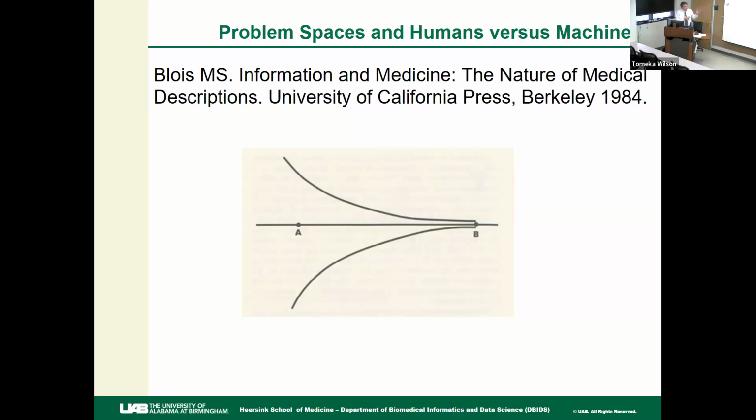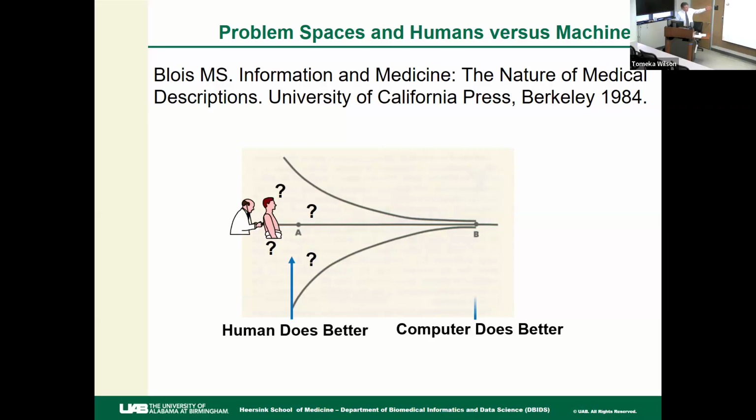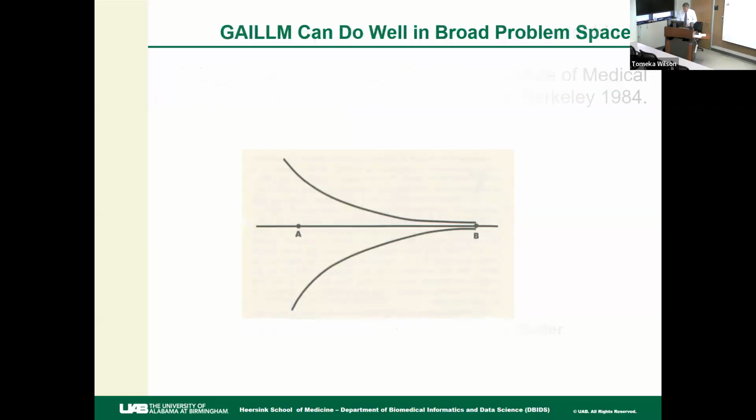So computers were really good at helping you in that narrow problem space. Humans did better out here, the computer did better there. And computers are also really good at combining probabilities. Humans are notoriously bad at combining probabilities just in their heads.